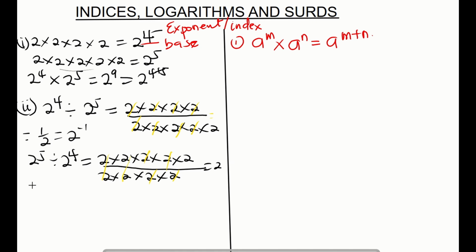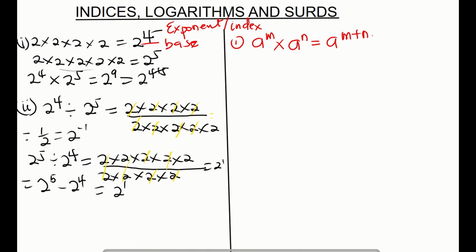And this is also giving us a rule: 2 to the power 5 divided by 2 to the power 4 is the same as 2 to the power 5 minus 4, which has given us 2 to the power 1, which we had over here.